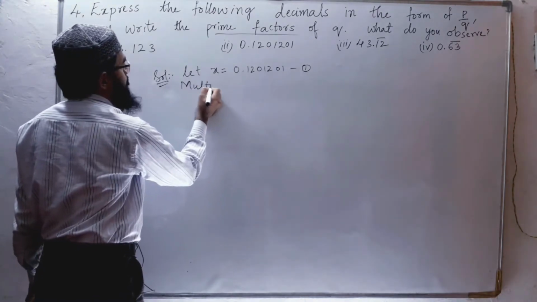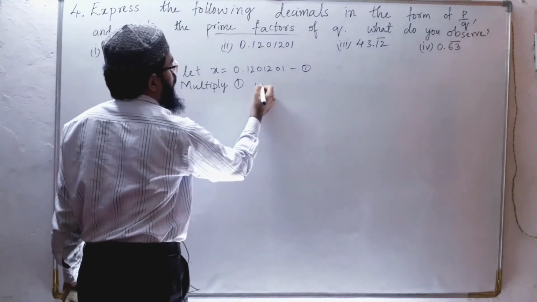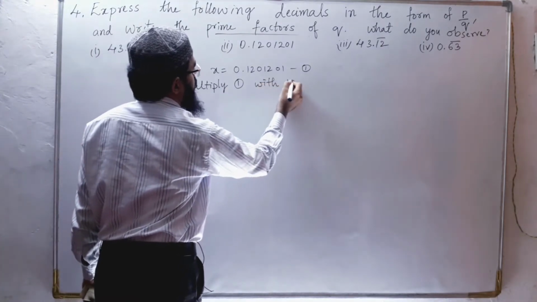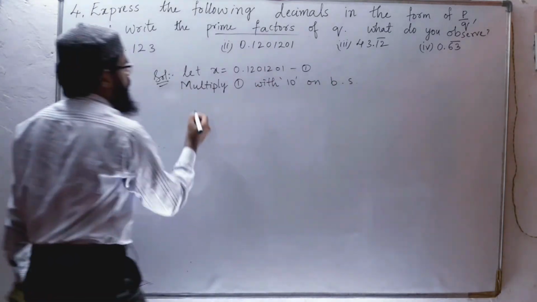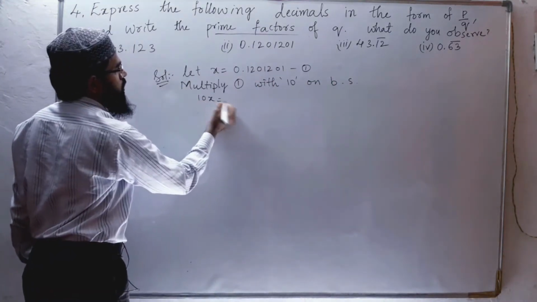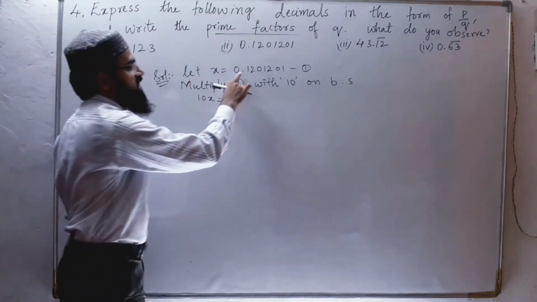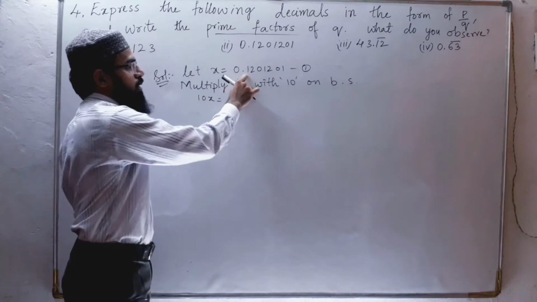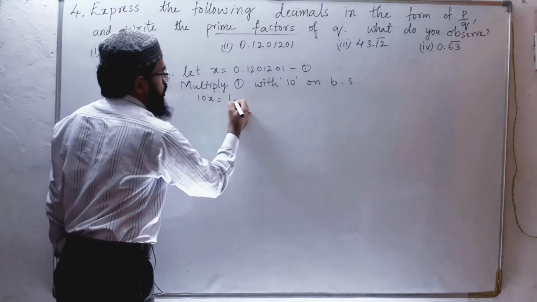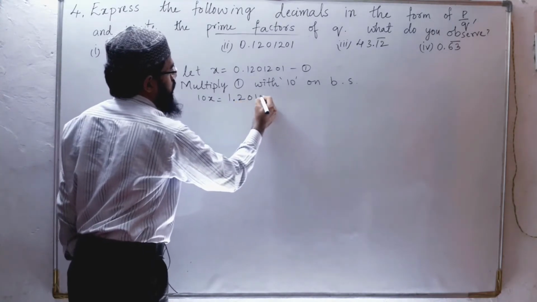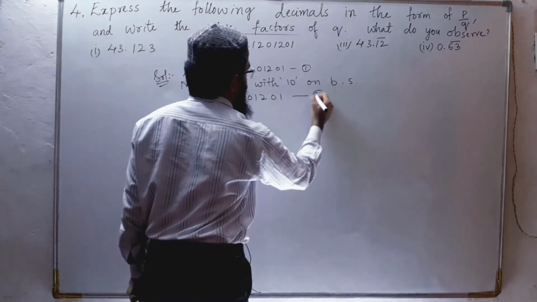Multiply the first equation with 10 on both sides. 10 into x is 10x. 10 has a single zero, so when we multiply, the decimal goes one digit to the right. So 1.201201. This is our second equation.